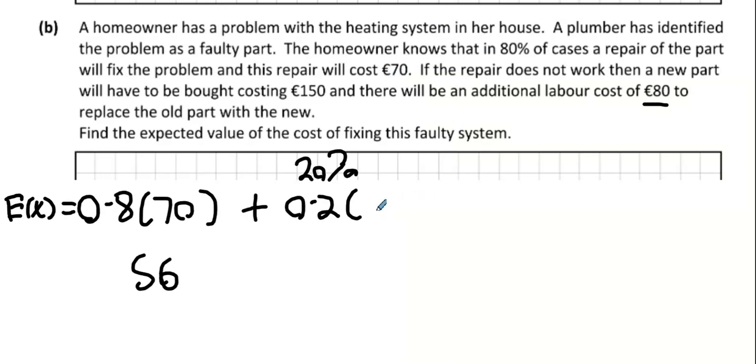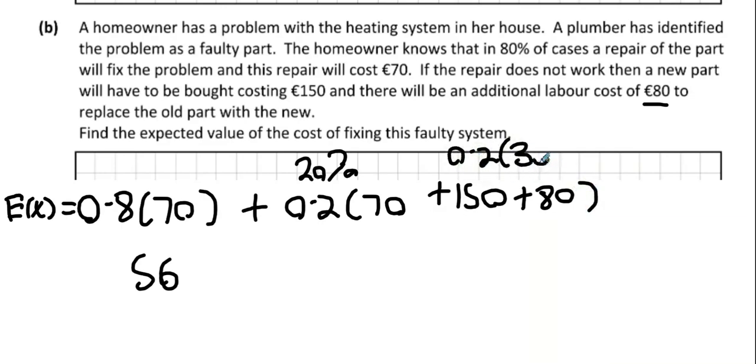You've already paid the €70, and you're unfortunately one of the 20% that it doesn't work for. So there's going to be additional costs. Then you're going to have to pay another 150, and then an extra 80 on top of that, which is 0.2 times 300, which is going to be €60, and then 56 plus €60 is €116.